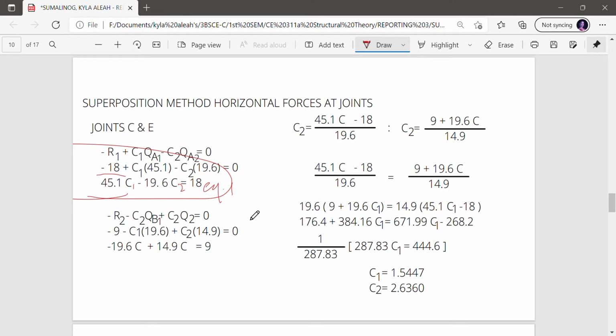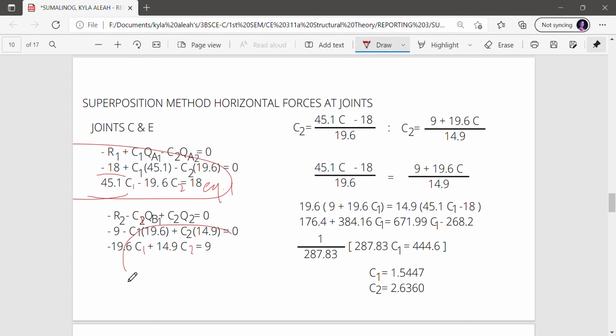Now let us proceed to equation 2. That will be R2, which is the 9K lateral force, minus C1 QB1 plus C2 QB2 equals 0. So negative 9 minus C1 times 19.6 plus C2 times 14.9 equals 0. So 19.6 times C1 plus 14.9 C2.